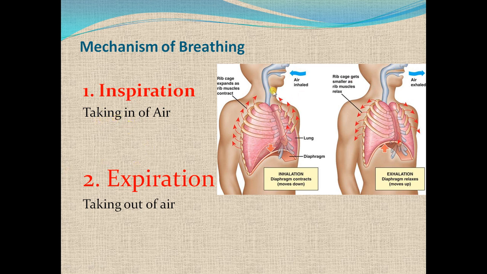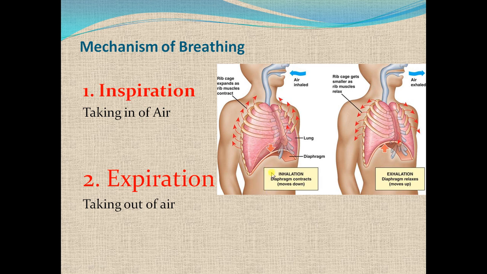So, for taking in of air, you can see here in this diagram, these are the lungs, and the lungs are protected by the rib cage. Between the ribs there are muscles, and these muscles are called intercostal muscles. And here there is a muscular partition between the thoracic cavity or chest cavity, and the abdominal cavity.